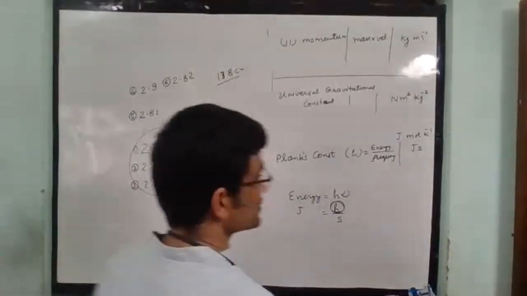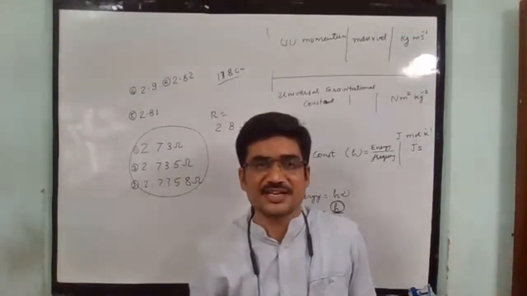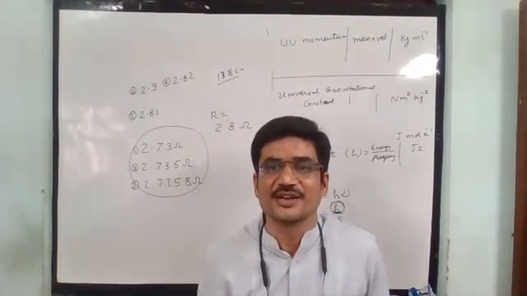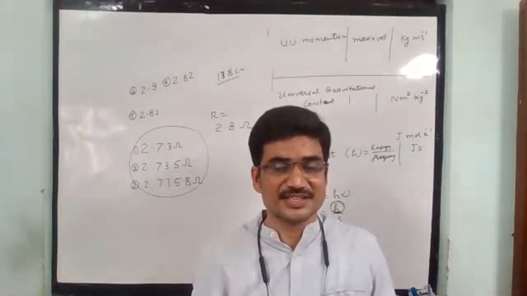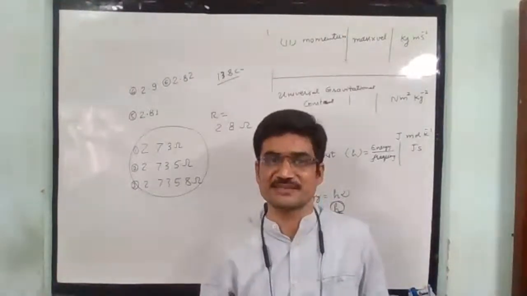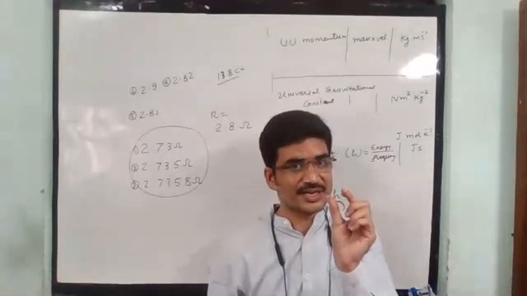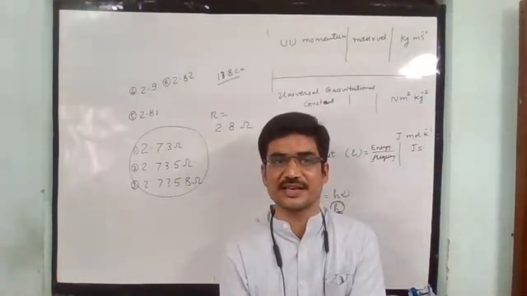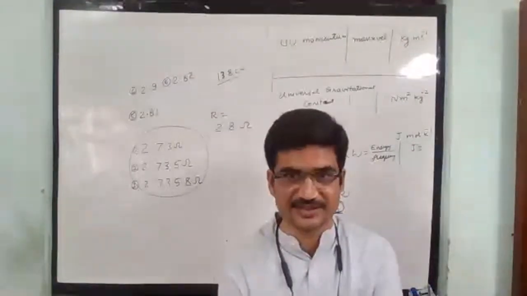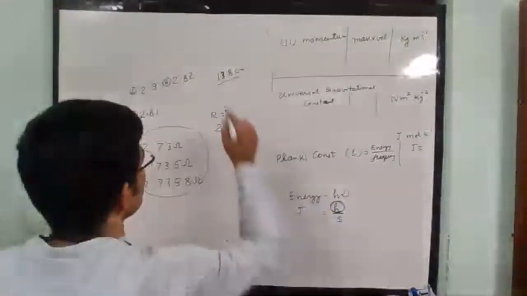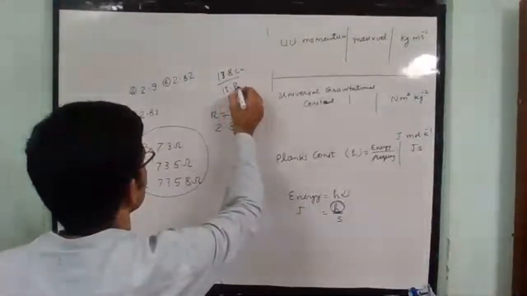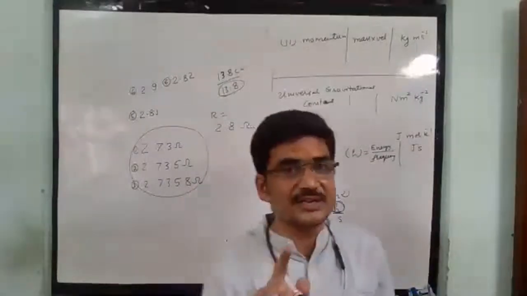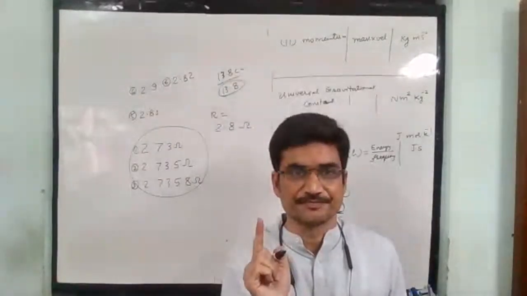Suppose here the least count is 0.1 centimeter. Suppose the least count is 0.05 centimeter. As I told yesterday, in some scales you will find 20 parts of a centimeter. In that case you will get a more precise length. I got 13.8, so there may be a chance of 0.1 centimeter mistake.